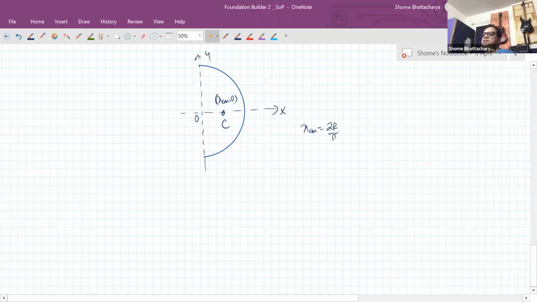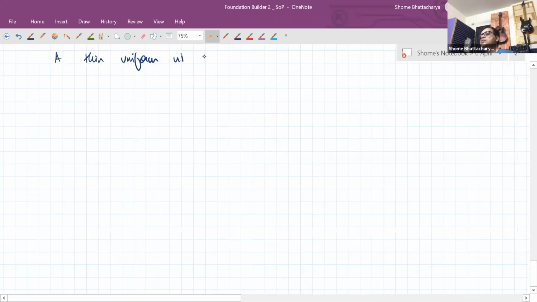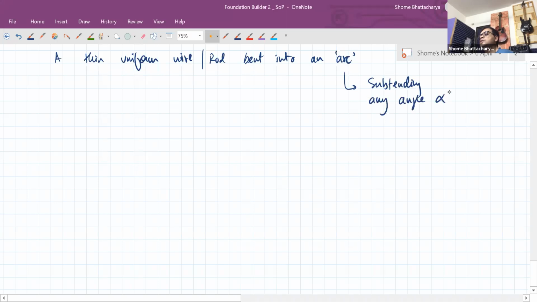But now we'll generalize this more. Suppose we have a thin uniform wire or rod bent into an arc, not necessarily a semi arc. So it is subtending any general angle, alpha.